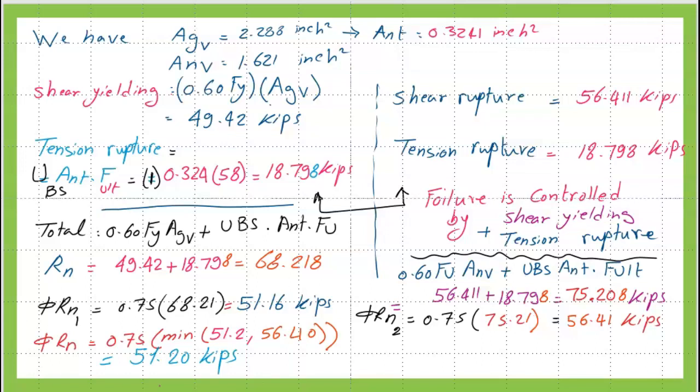The shear rupture value equals 56.411 kips, and the tensile rupture equals 18.798 kips. Adding them will give a total value of 75.028 kips. The value of shear rupture and tension rupture we call R sub N2.